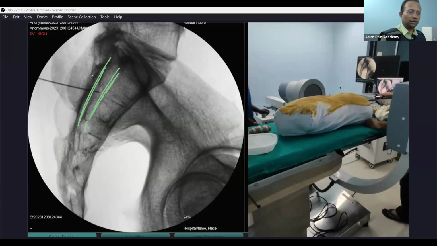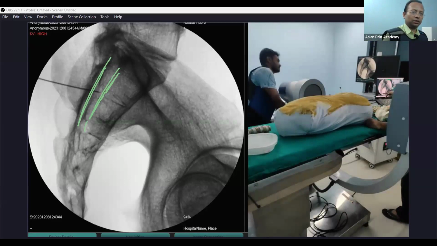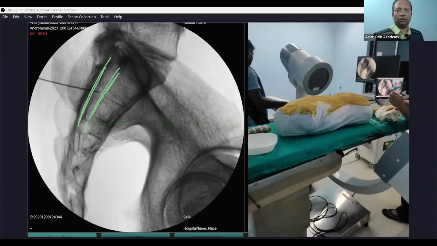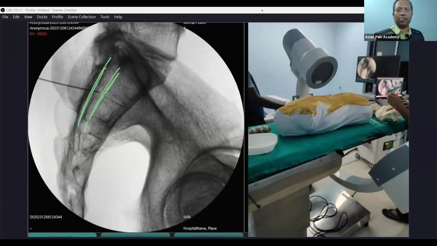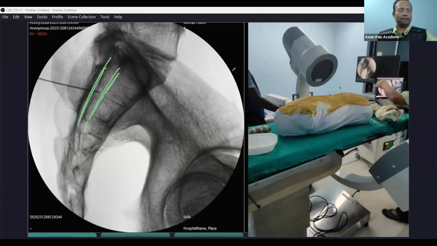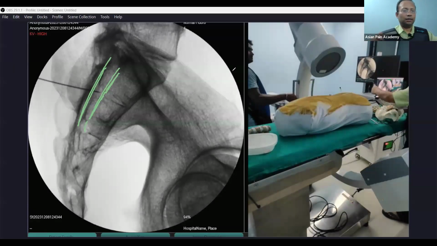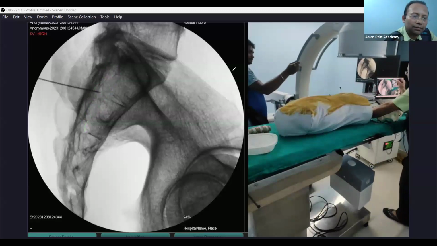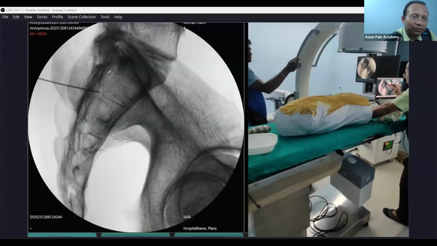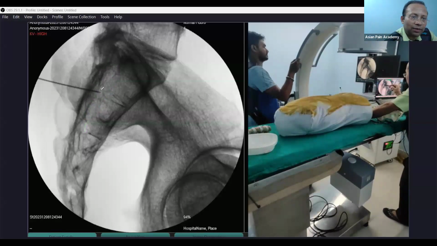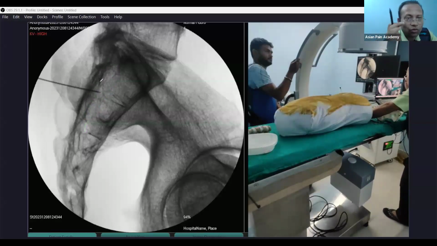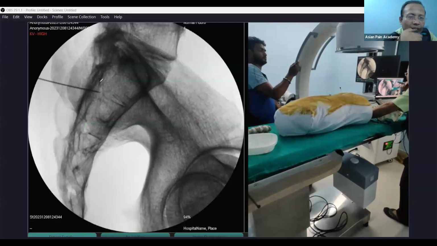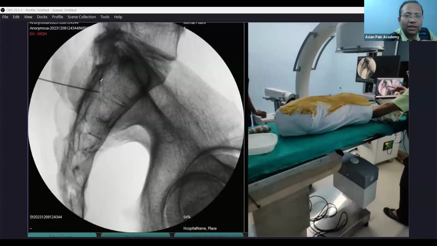Here just remember, sometimes it can happen that in this total depth, you are in the epidural space. As soon as you go in the epidural space, you can understand, there is loss of resistance, and when you give contrast, it will spread.